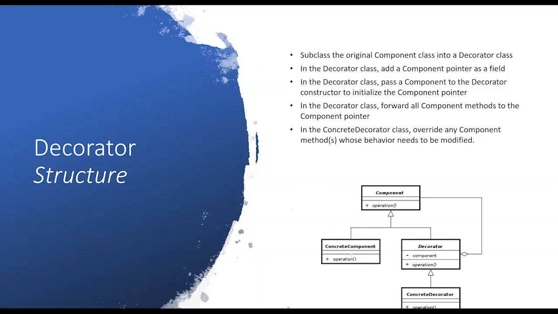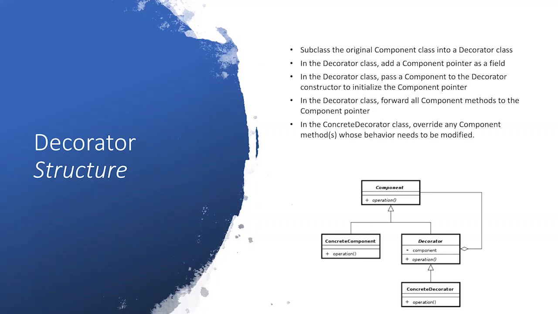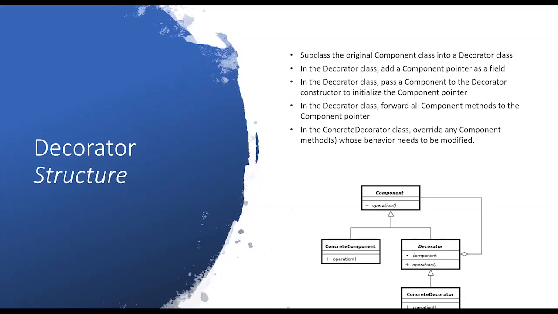The base decorator class follows the same interface as other components. It will implement the component interface. The primary purpose of this base decorator class, which is an abstract class, is to define the wrapping interface for all concrete decorators.